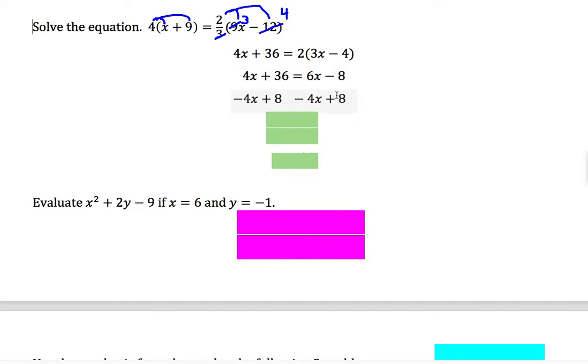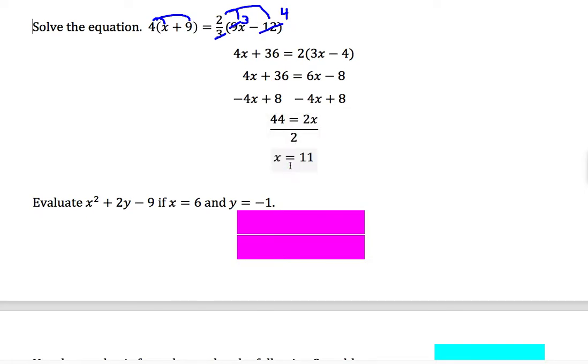The opposite of subtracting 8 is adding 8, so I'm doing positive 8 over here, and I am subtracting 4x on both sides. So 36 plus 8 is 44, and 6x minus 4x is 2x. Now I'm going to divide everything by 2.